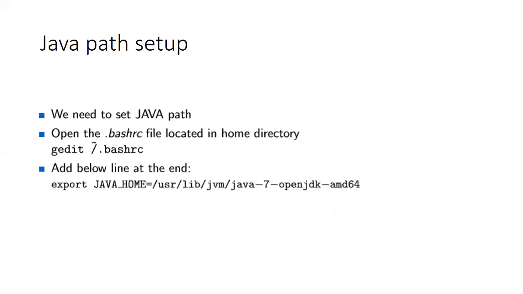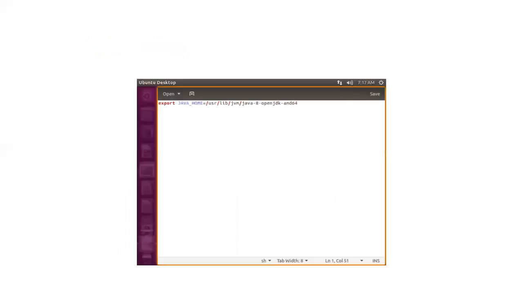Once the Java home path is successfully updated, you should save and exit from the .bashrc file.